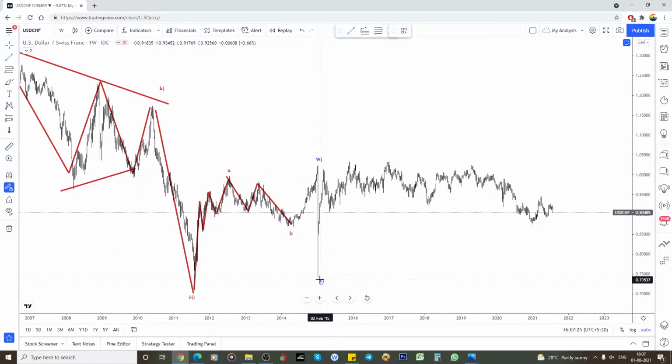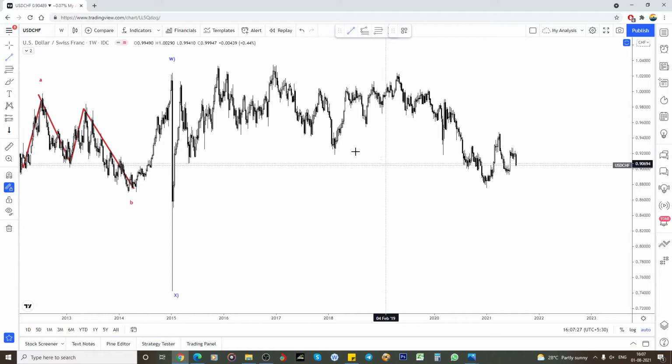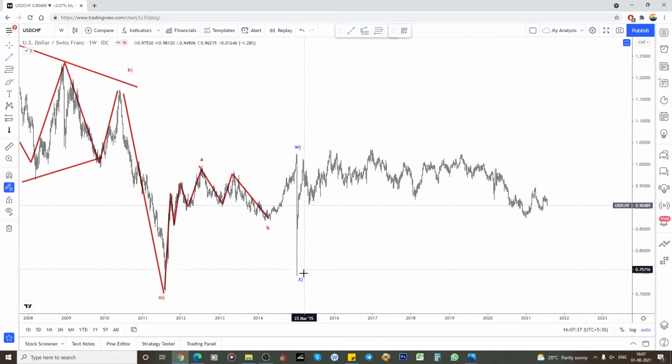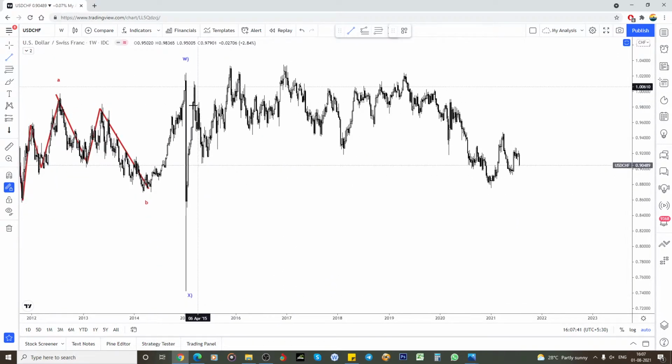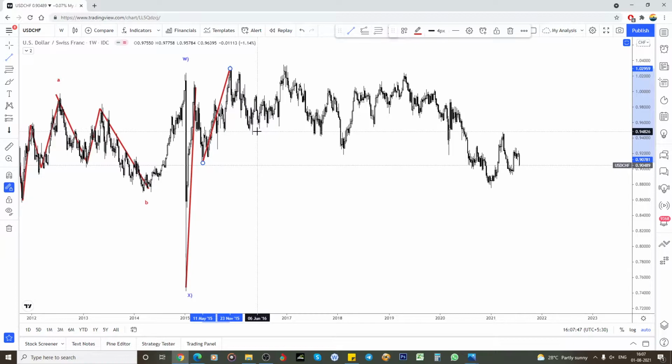This could be B. So C means, see, it already broke that high, so that also is invalid for the triangle. So now this is W, this is X. Here we are saying that one impulsive wave from here, this is the third, this is a five-wave structure here, right?